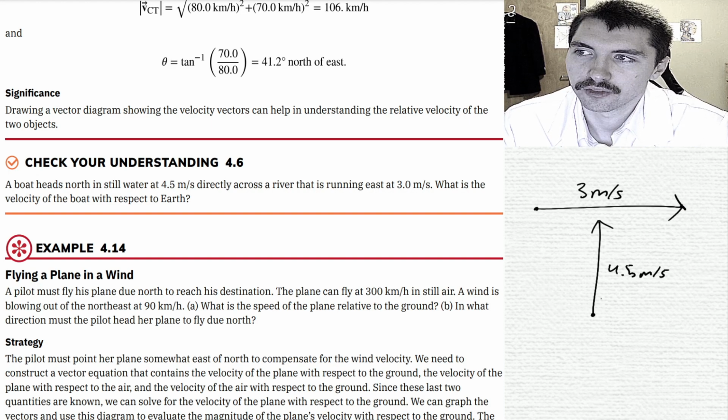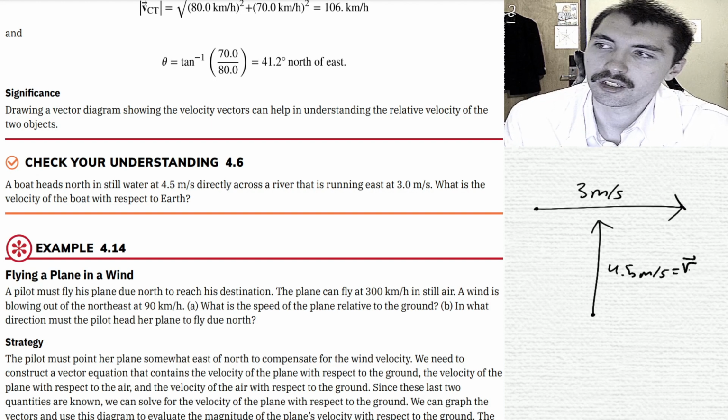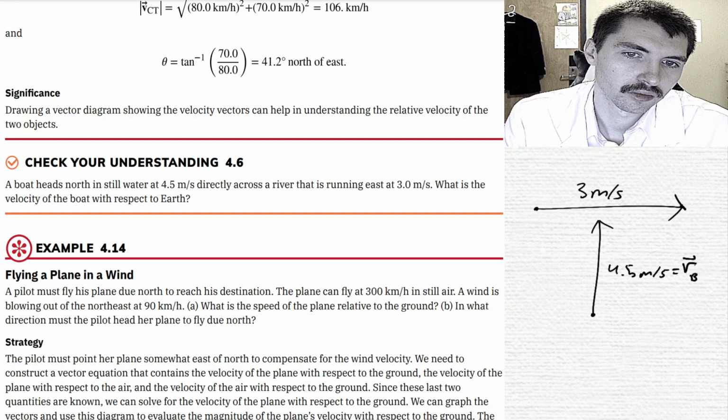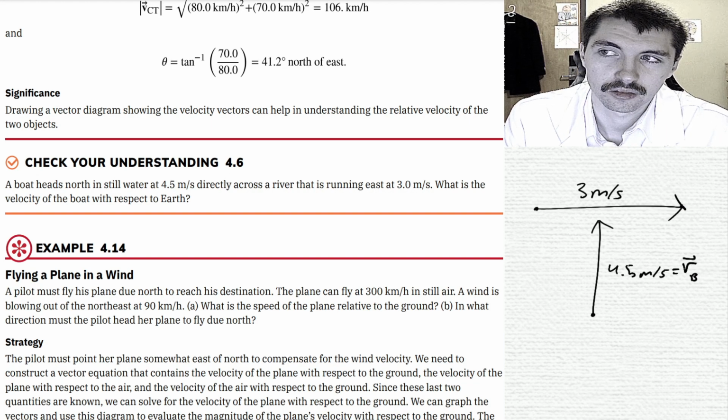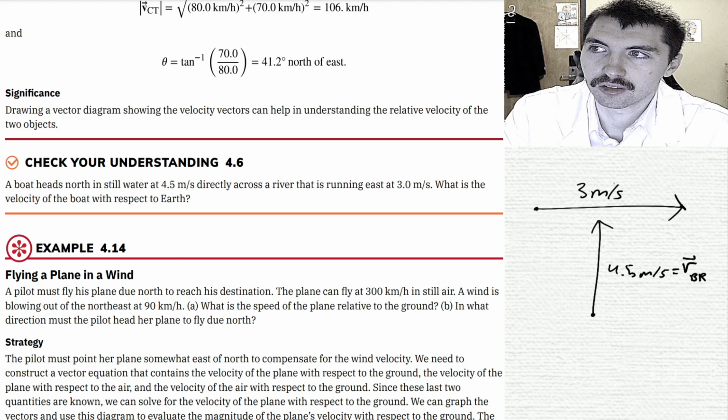Okay, so first we have to describe this as the velocity of the boat with respect to the river, I think. This is the velocity of the river with respect to the Earth.